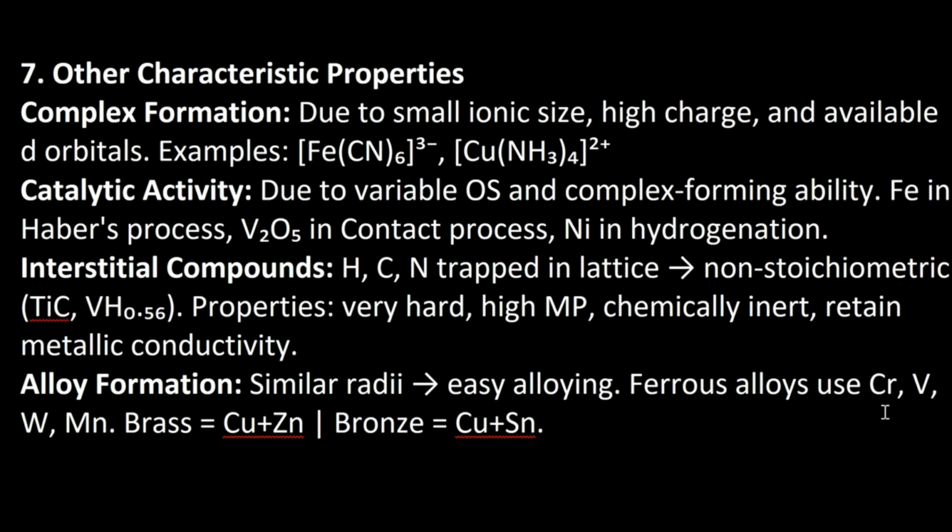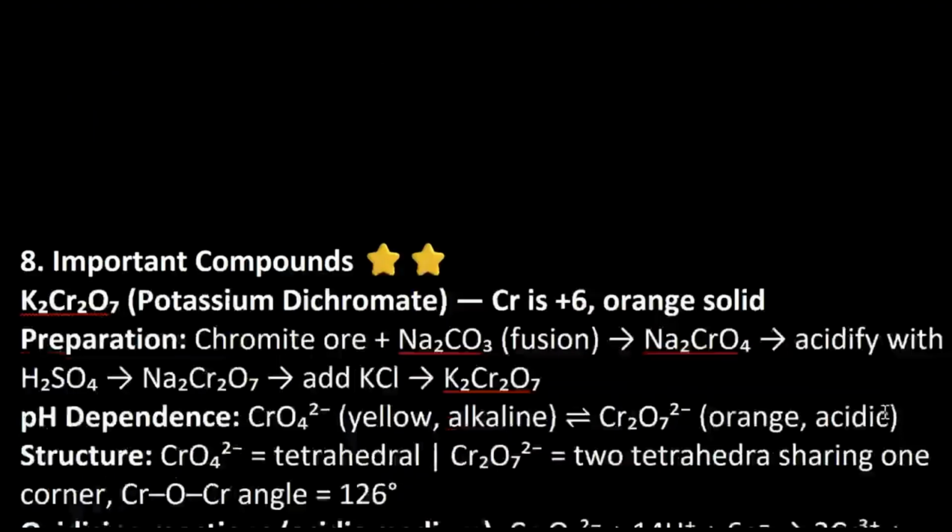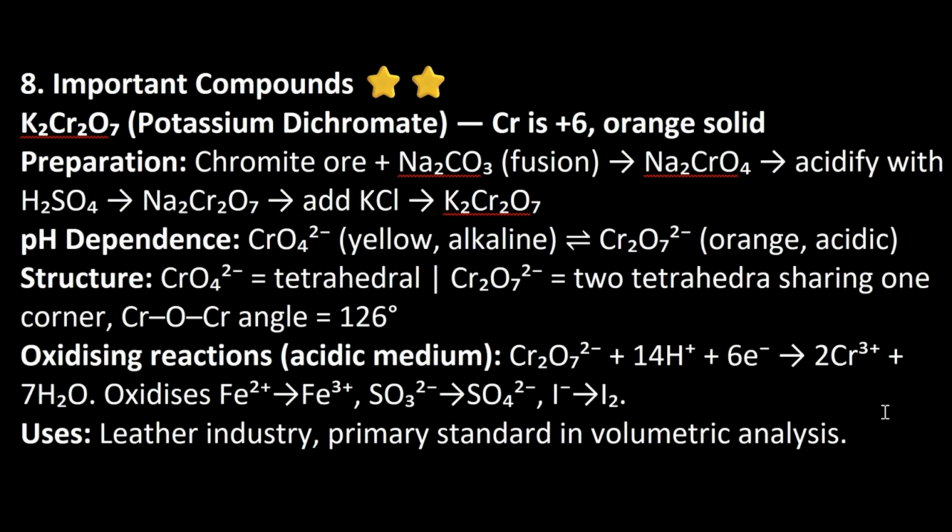Catalytic activity means it has lots of variable oxidation states, so that it can oxidize or reduce. Complex formation: smaller ionic size, what will happen? The high charge is available to the d orbital, so it can accept electrons from the ligand to form complexes. Then here we have two very important compounds, potassium dichromate and potassium permanganate.